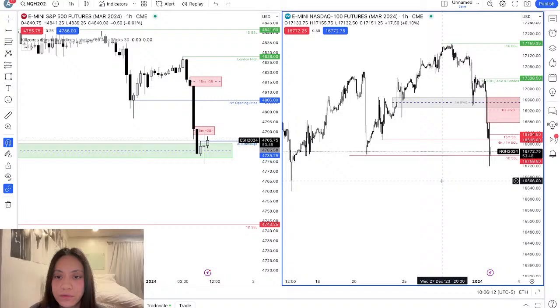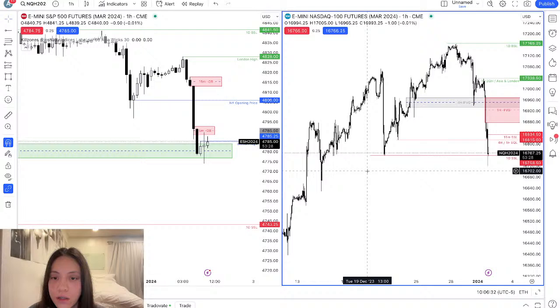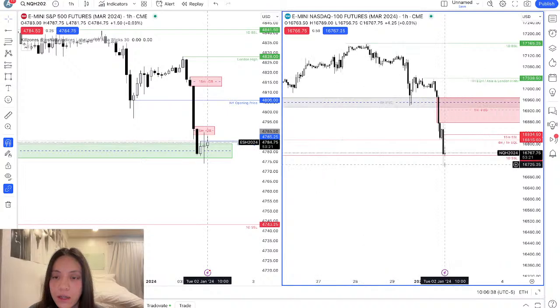Yeah, so since it took out this sell side, which looks like equal lows to me, I wouldn't shift bearish just yet. I'm looking at that as liquidity, and then hopefully we can push up.